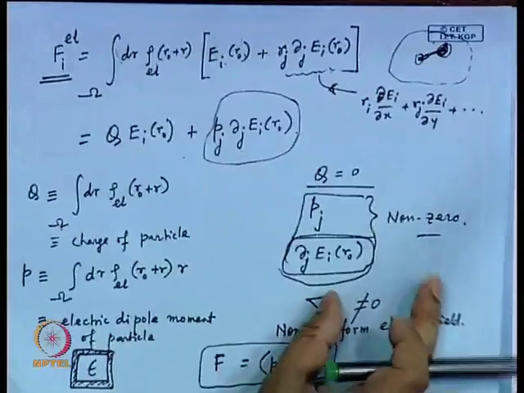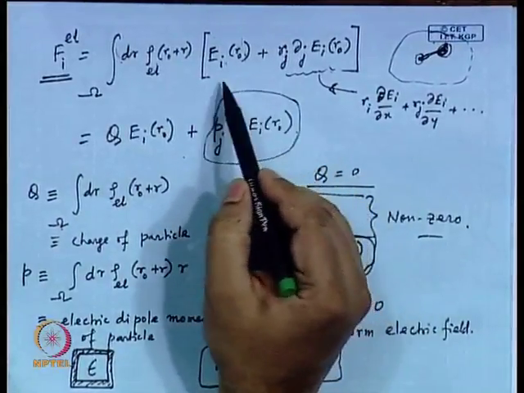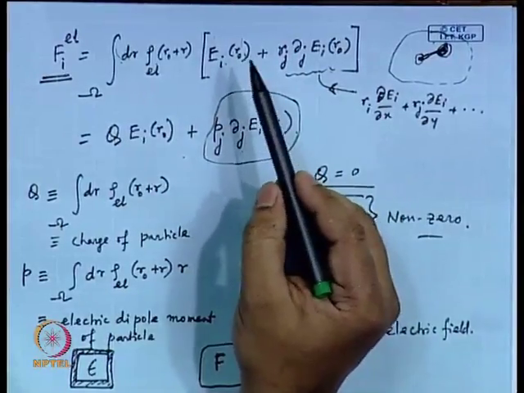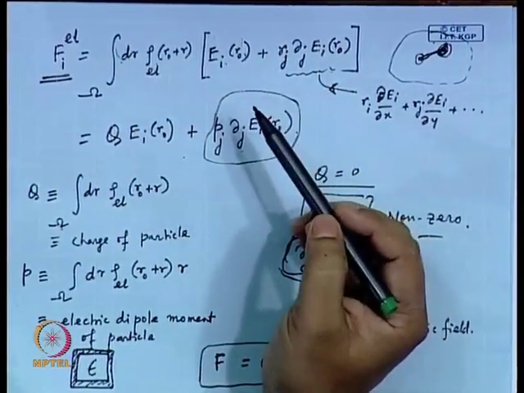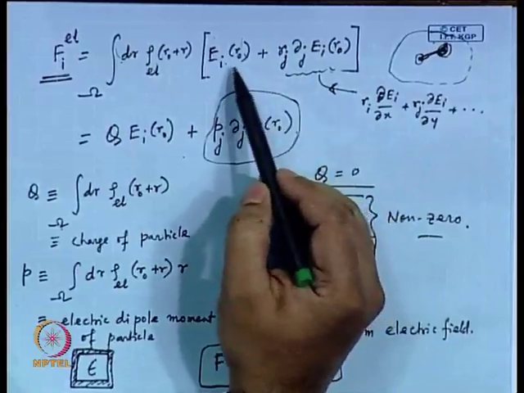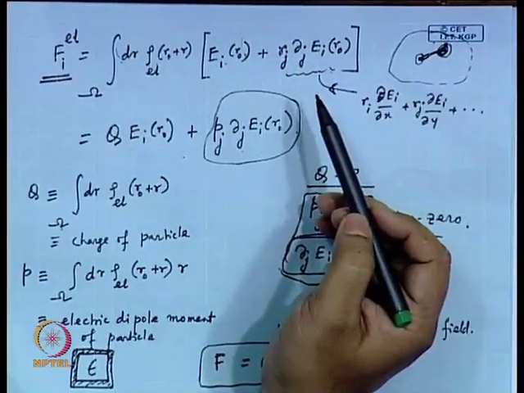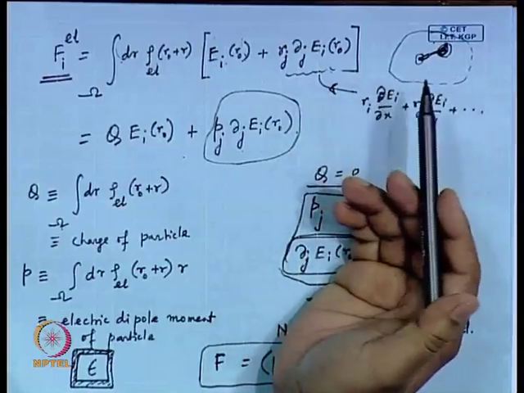Now, what we did in the last class was expand this E, basically the electric field, using Taylor series, and we have taken only the first order terms, not the terms beyond first order.